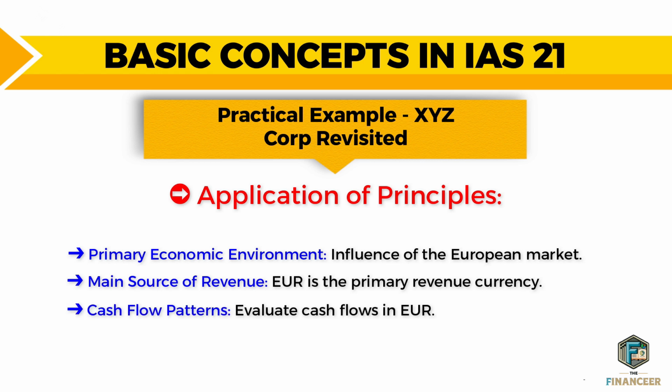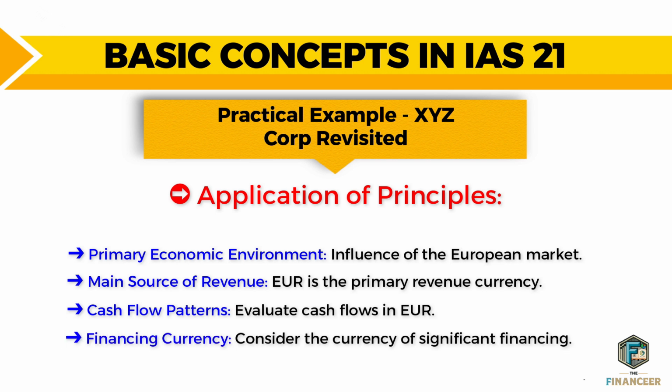The third principle to assess the functional currency is the cash flow pattern. Evaluate the cash flow in euro, whether they are in or out. Finally, look at the financing currency. So consider the currency of the significant financing, either from capital owners or from borrowing, such as loans.